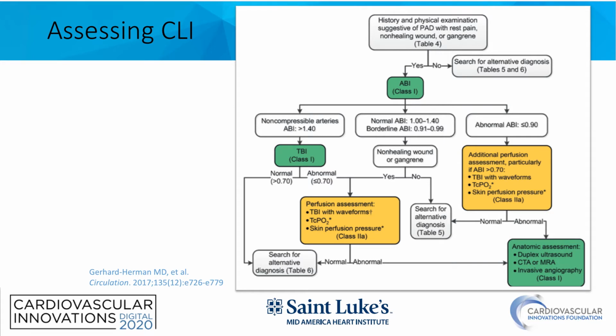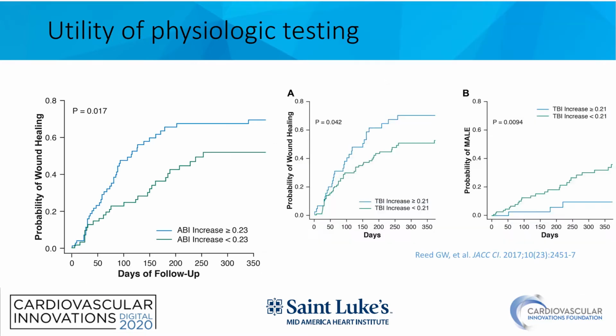Although there are limitations to the ABI, the guidelines also provide guidance with forefoot perfusion or local skin perfusion as necessary next steps for assessing a foot ulcer. And physiologic testing has some utility, as an ABI increase greater than 0.23 or a toe brachial index increase greater than 0.21 tends to be associated with improved outcomes.